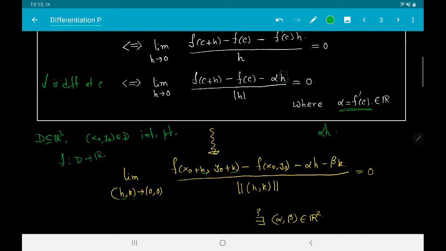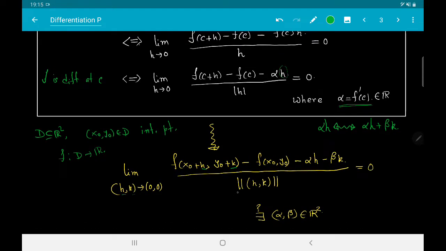We write that in the numerator, and in the denominator we simply take the norm of the vector (h, k), and we let (h, k) tend to (0, 0).